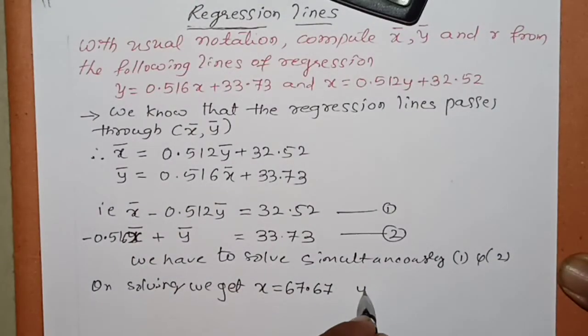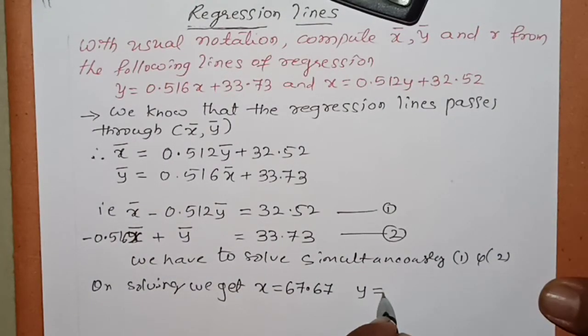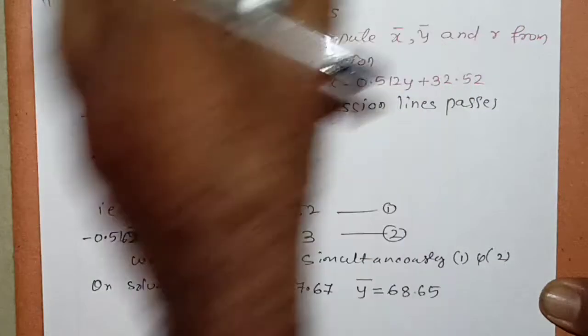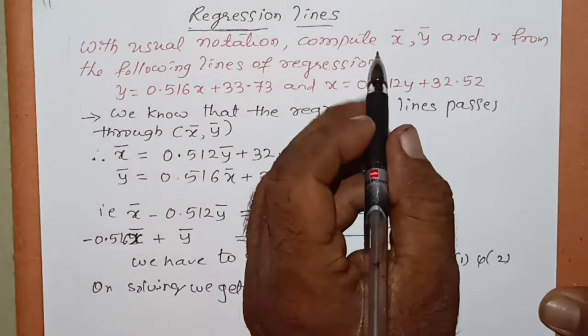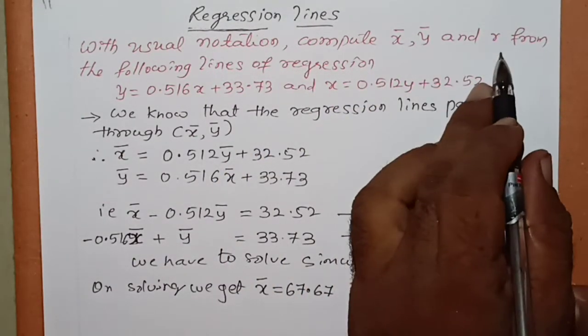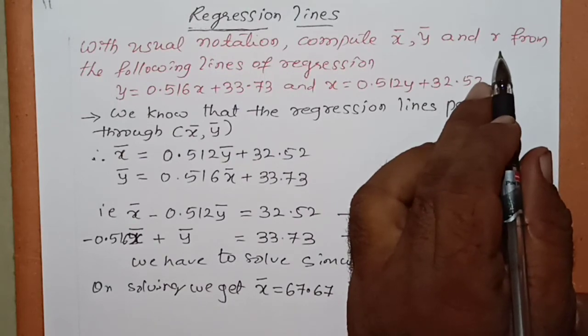So y is equal to 68.65. What we have to calculate here? Compute x bar, y bar. We got x bar and y bar, and next we have to find r.